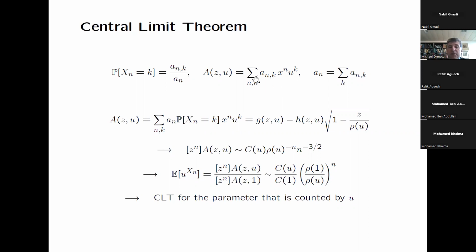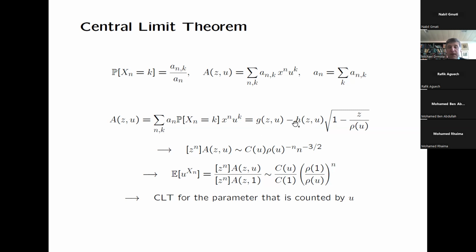Now, if you introduce u, then this is more or less like a parameter that varies around u equals 1, say, and you get a square root singularity here that varies in u a little.